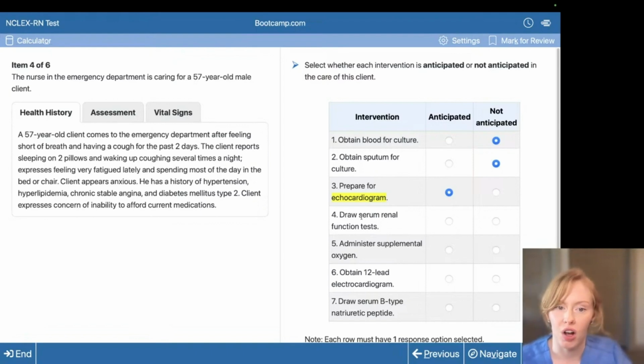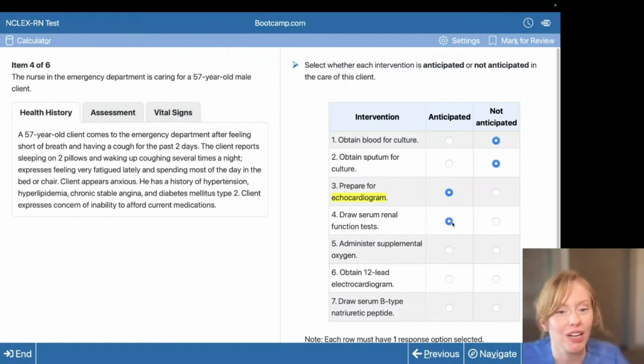Then do I need to draw serum renal function tests? And this is just a fancy way of saying a metabolic panel, right? Either a basic metabolic panel or a complete metabolic panel. That's going to tell us our BUN, our creatinine, and then all of our electrolytes. And so not only is it important that we look at the BUN and creatinine to see if he has an acute kidney injury happening, but we also need to look at some of the electrolytes in anticipation of a medication that some of you remembered we might be giving.